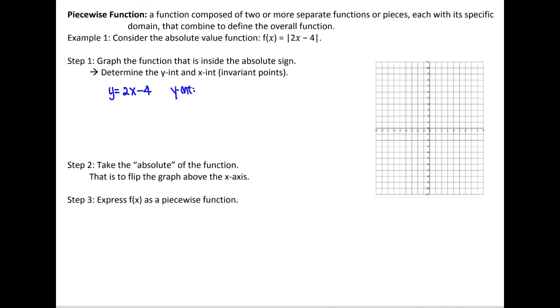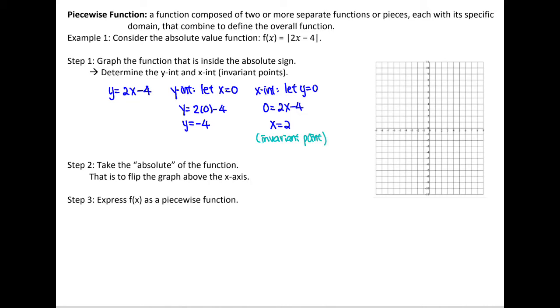For the y-intercept, we let x equal 0. We substitute 0 into x, we get y equals negative 4. For the x-intercept, let y equal 0, then we get 0 equals 2x minus 4. That means x equals 2, which is also our invariant point.